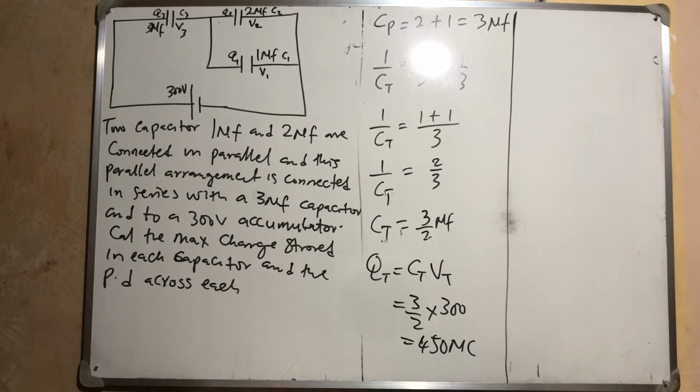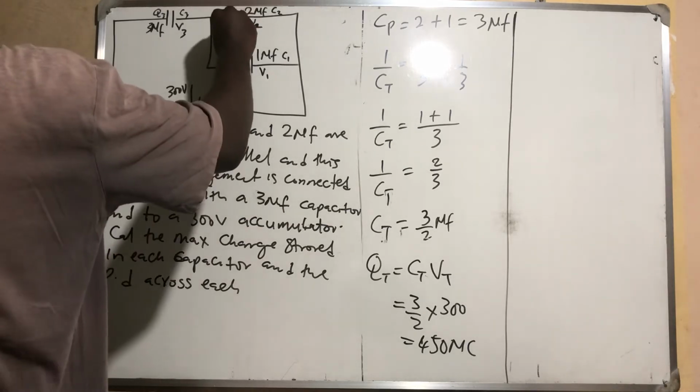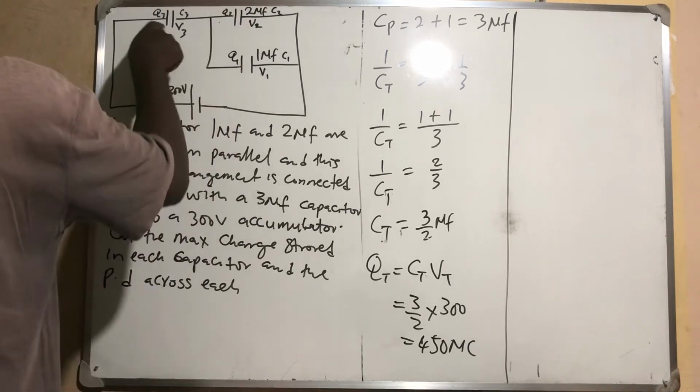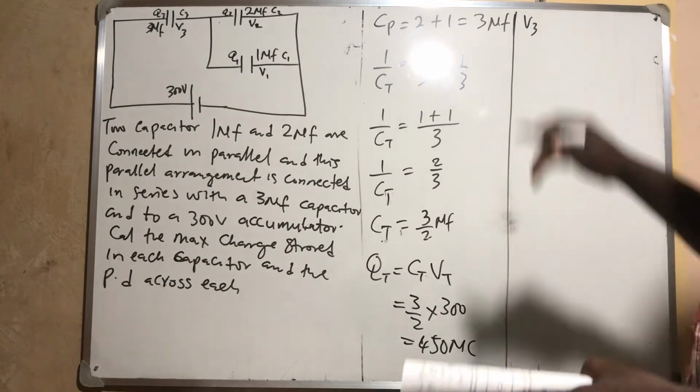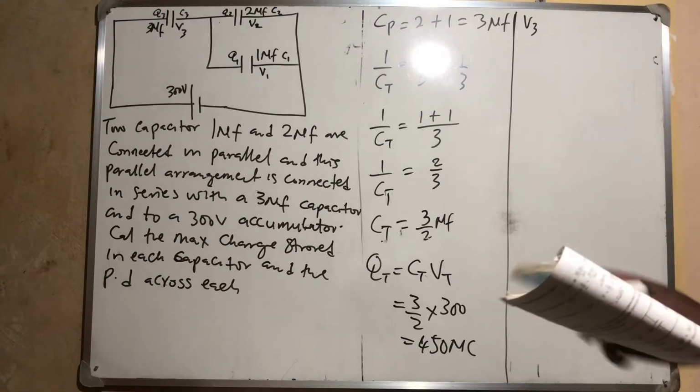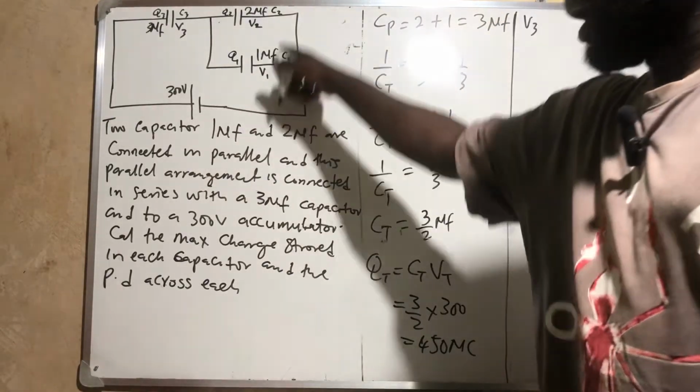total charge across them. Now we want to get the potential difference across these particular two, because the potential difference across here, okay, let me show you, the potential difference for V3. Sorry, for V1 and V2, the same potential difference is across here.